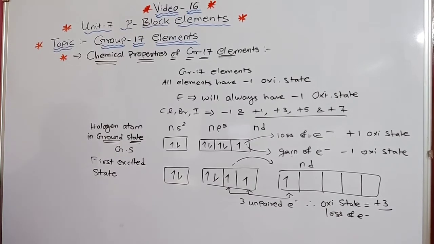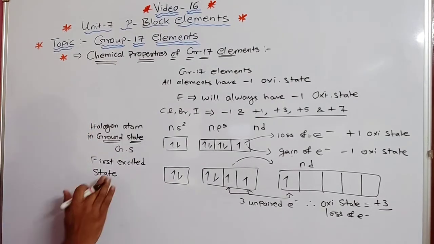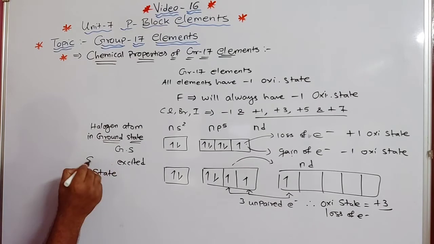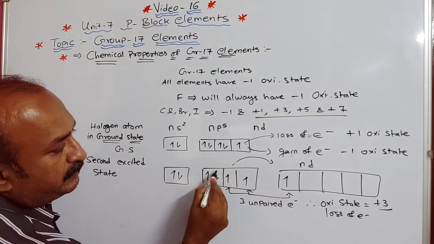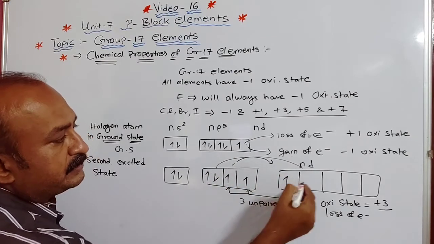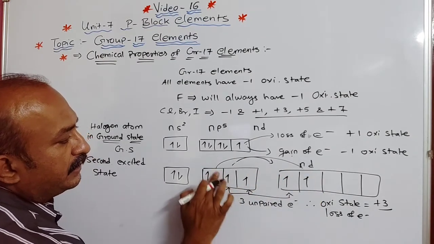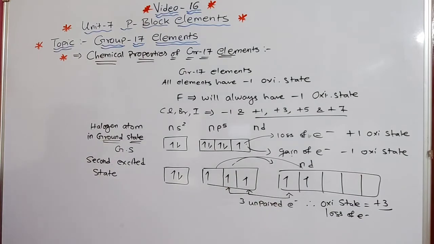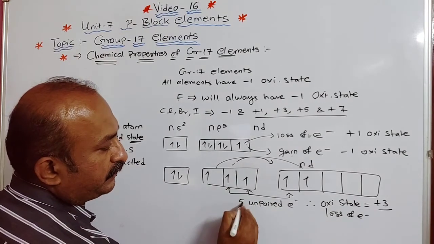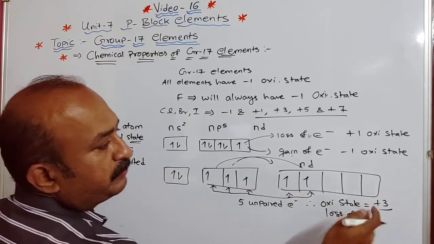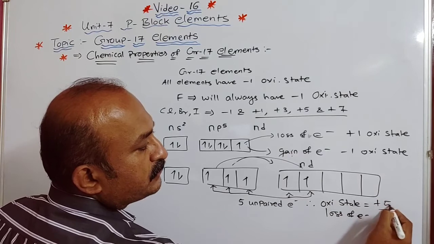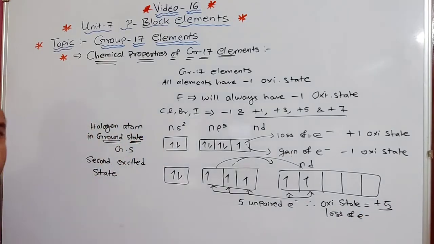This was the first excited state. Now in the second excited state, from here also an electron will be shifted to this position. Now if you see, there are 5 unpaired electrons. So 5 unpaired electrons means the oxidation state by loss of electron will be +5.